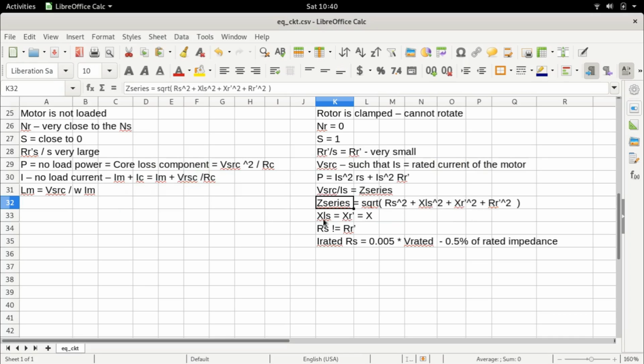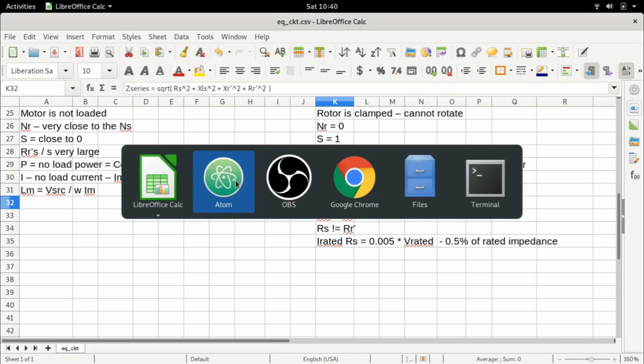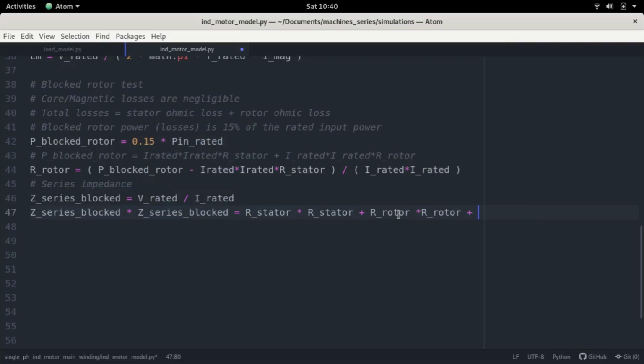Now, since we are assuming them to be the same, let's equate them and put just one variable. So what I'm going to say is this is equal to X series blocked, and let me put an X2 so that I know that this is a square term, because this is the unknown, everything else is known.